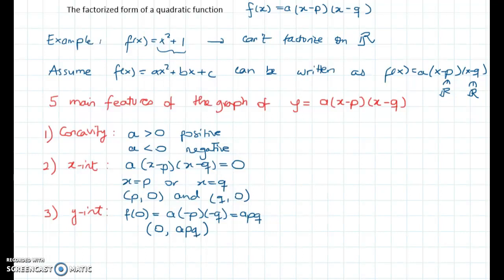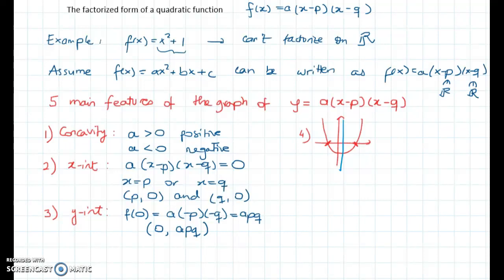Now, if we want to find the axis of symmetry, we know that the axis of symmetry is, on the picture here, halfway between the x-intercepts of the function. Because I need to make sure that when I fold through the axis of symmetry, the two x-intercepts coincide. So it has to be halfway between them.